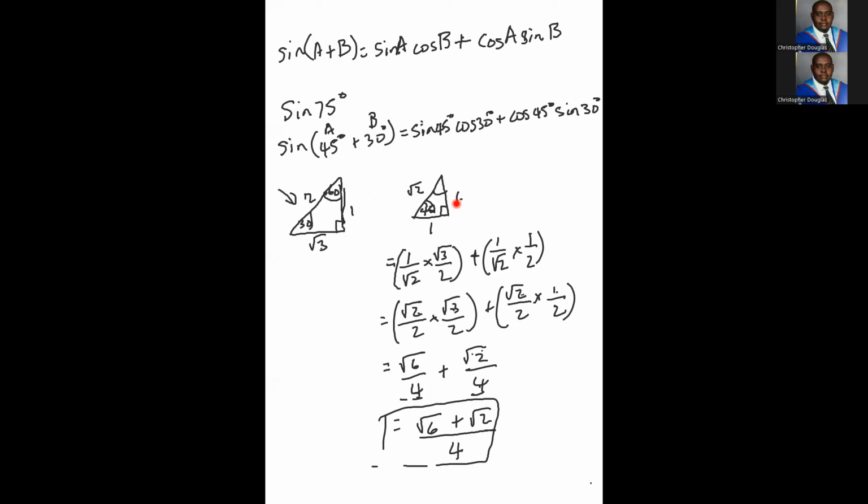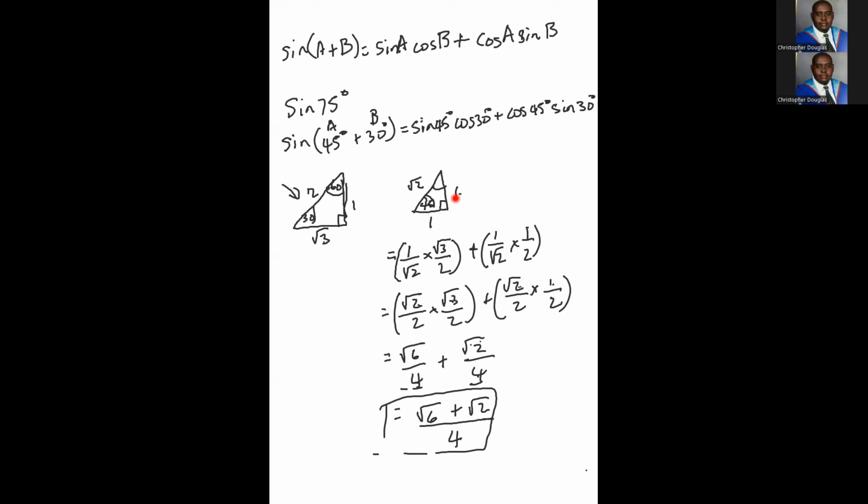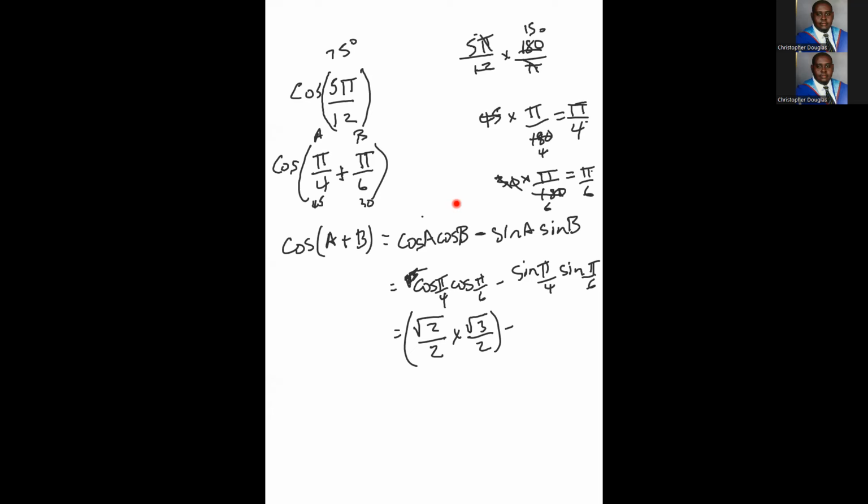So let's go back to our question. Sine 45, that was 1 over root 2, which is indeed root 2 over 2, and sine of pi over 6, sine of 30, is 1 over 2. So just work these things out.